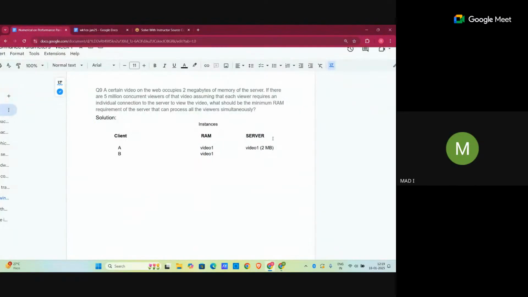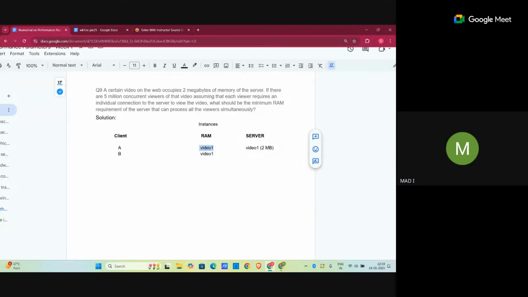So what happens? This is the server. The server is having that video. Here it is given as 2 megabytes of memory of the server, so the video is of 2 megabytes. Suppose when Piyush was watching the session, an instance of that video will be created on RAM.